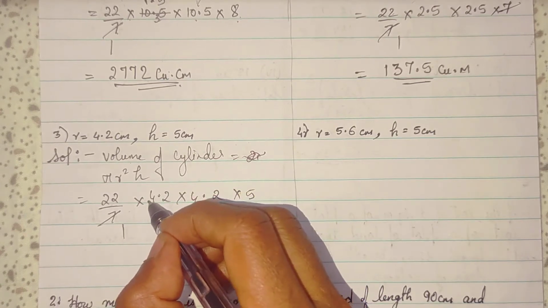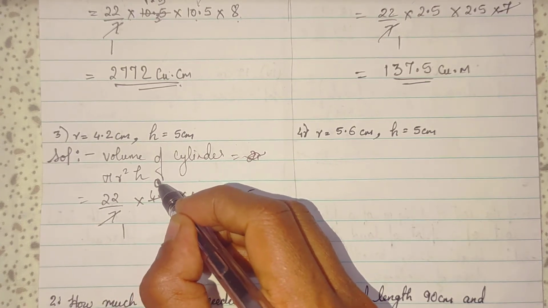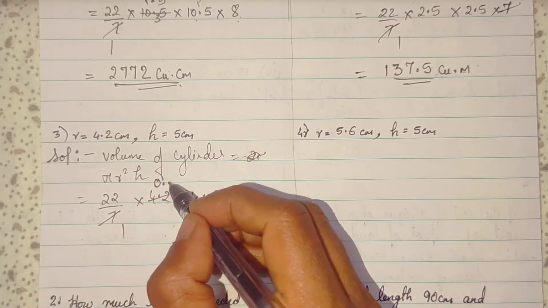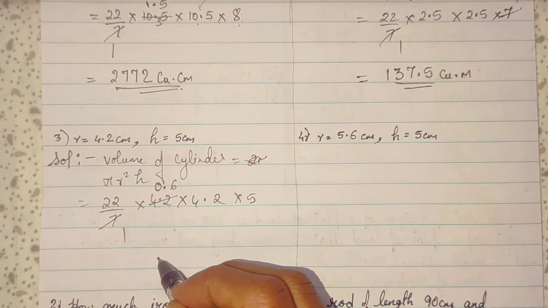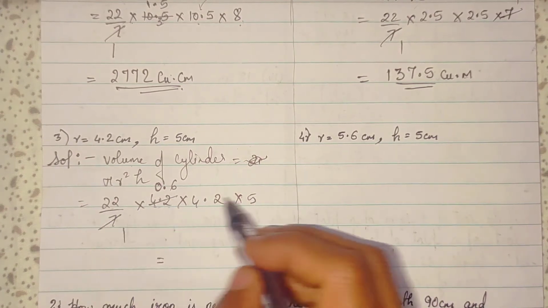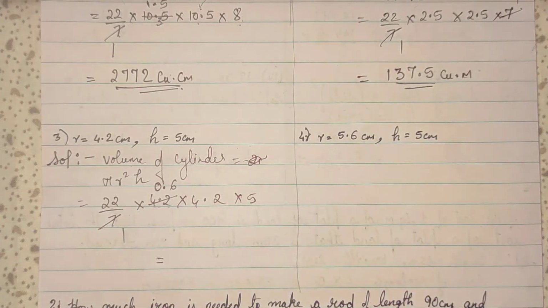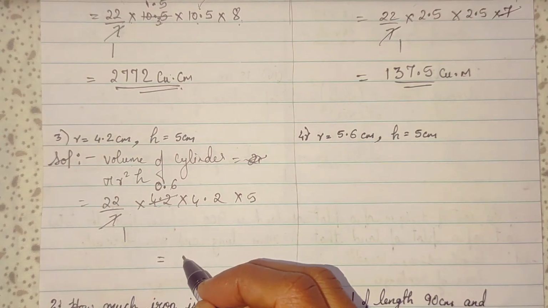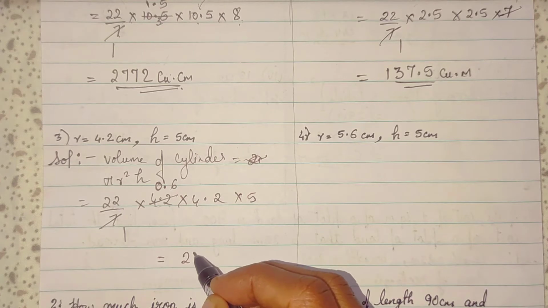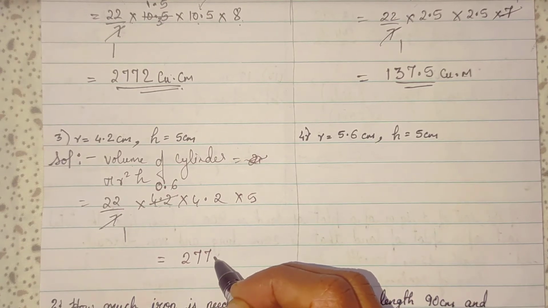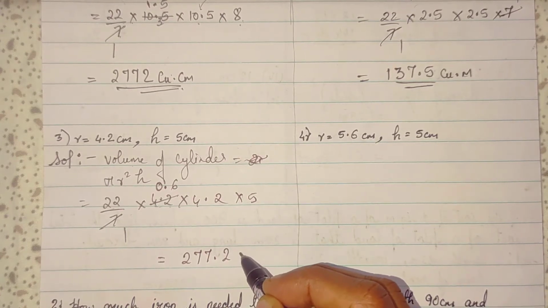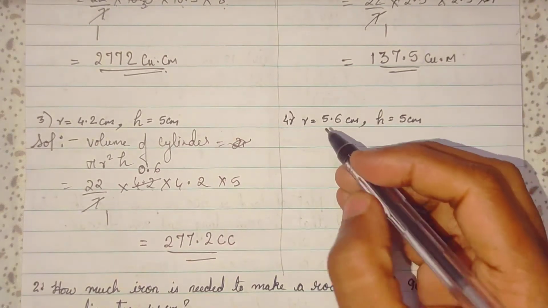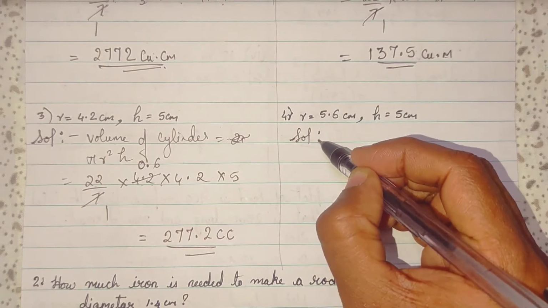We know 7 6s are 42. So first we will take 0, then this decimal. So this became 42. So 7 6s are 42. Now when you multiply all this, you will get 277.2 cubic centimeter.